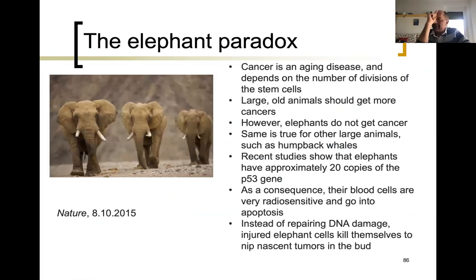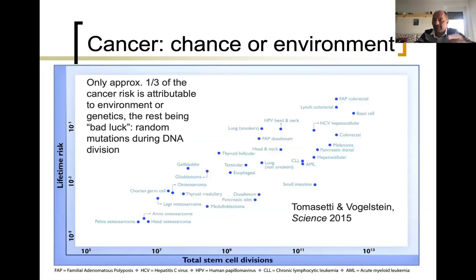However, you see there are some paradoxes. One known paradox is the so-called Peto's paradox. Peto's paradox is about the elephants. So cancer is an aging disease, we have seen, and is related to the number of divisions of stem cells.